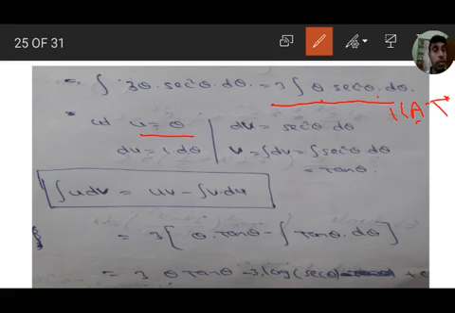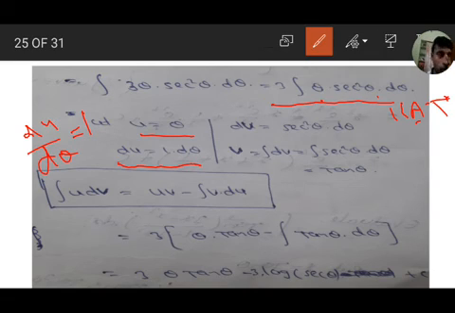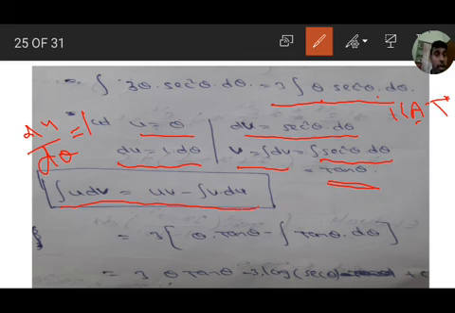Derivative with respect to theta is 1, so du equal to 1 into d theta. dv equal to sec square theta d theta, so v equal to integration of sec square theta, which is tan theta. That is the formula: integration of sec square theta is tan theta. So substitute in the formula: integration of u dv equal to uv minus integration of v du.